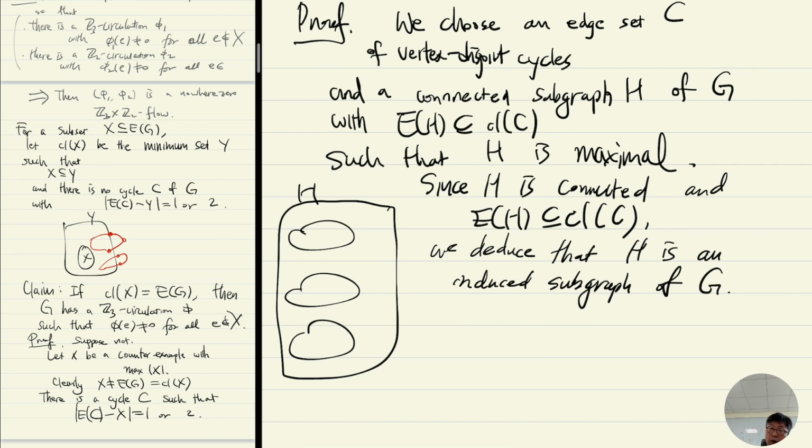Okay, what? Why? The thing is, if H is not an induced subgraph, what's going to happen?